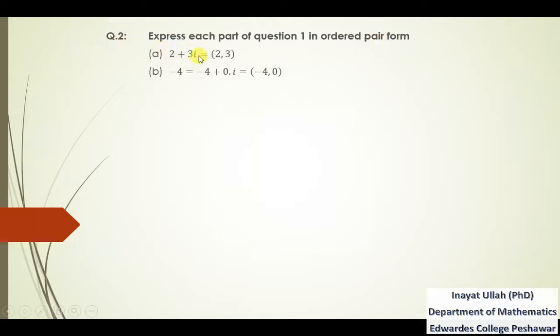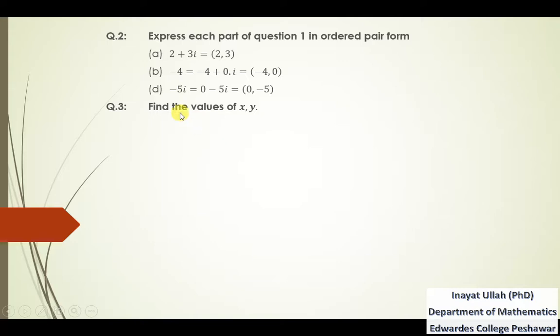So the ordered pair form of this number is (2, 3), and the ordered pair form of -4: it is real, so the imaginary part is 0. We can write -4 as -4 plus 0i, and in ordered pair notation this number will be written as (-4, 0). Similarly, -5i is the imaginary part. The real part is 0 here, so this number can be written as 0 minus 5i, and the ordered pair notation is (0, -5).